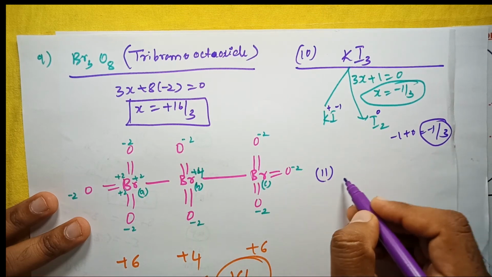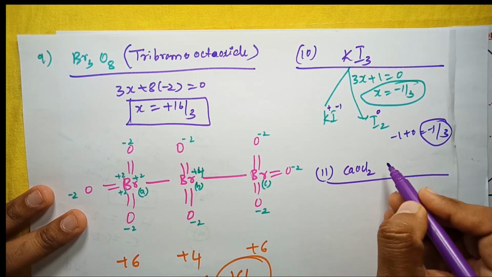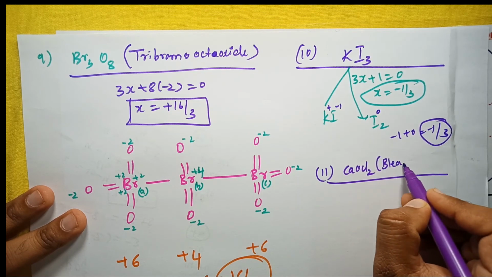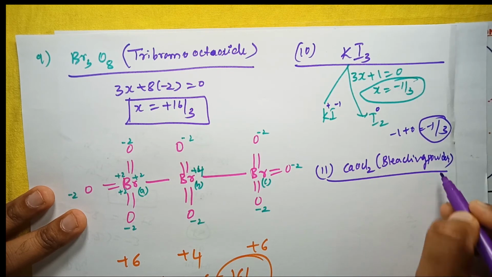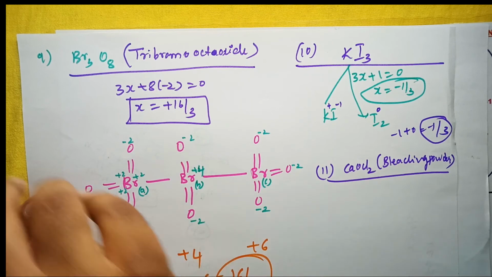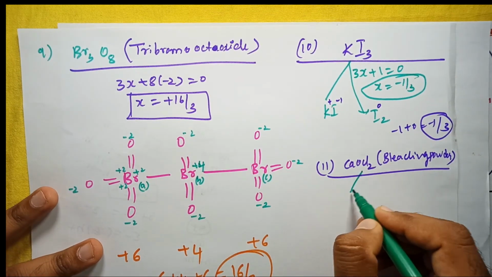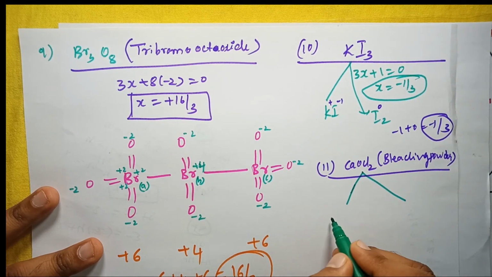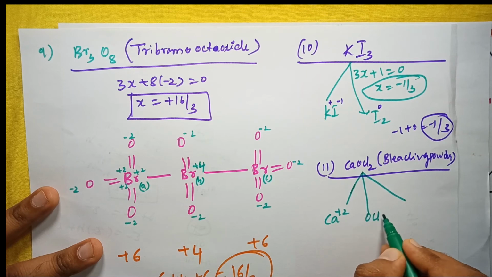Is it clear friends? Next one, the last example, CaOCl2, that is bleaching powder. What is it friends? CaOCl2, that is bleaching powder, or sodium hypochlorite. So what is the oxidation state of chlorine here? Look here friends, this CaOCl2 exists as Ca2+ and OCl- and Cl-.